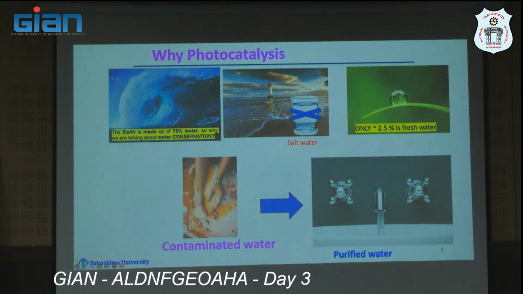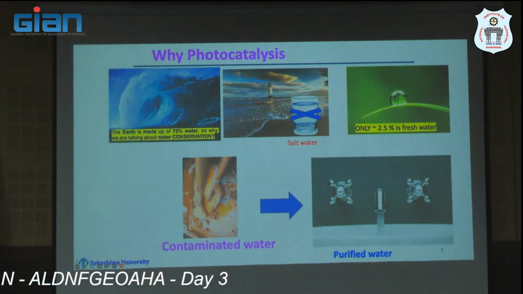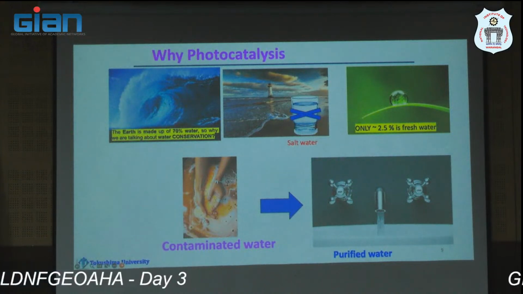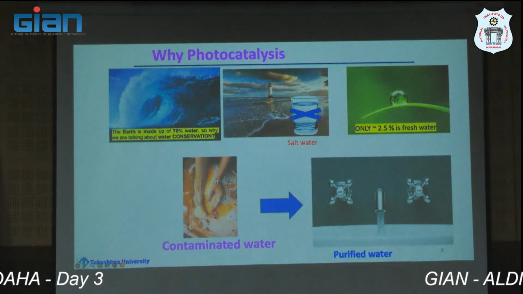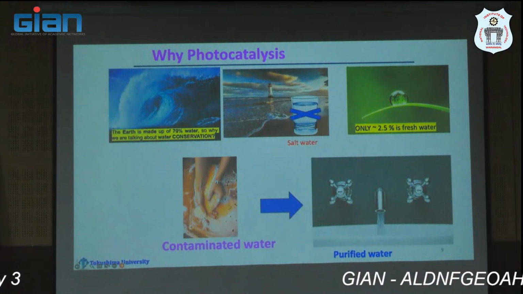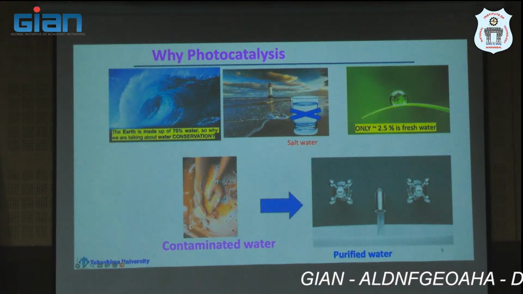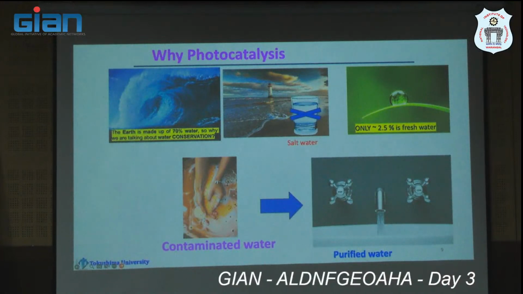We cannot use that water for drinking or for cleaning purposes, and processing seawater is very expensive. So when we want to drink water, we usually drink water that comes from the river. When we use water for factories and companies, that water also comes from regular sources such as rivers.